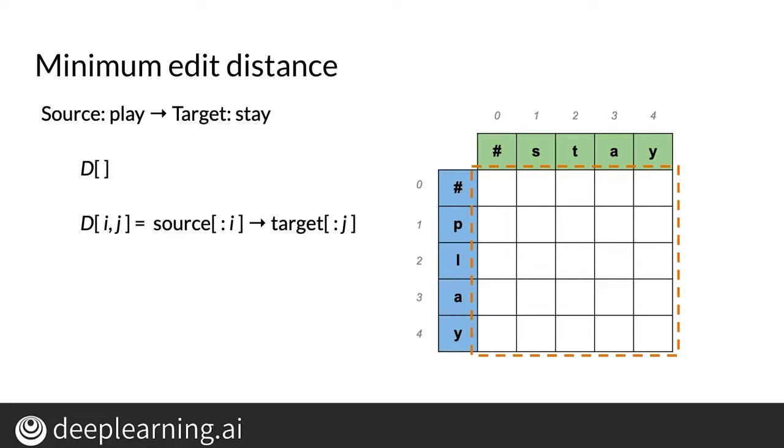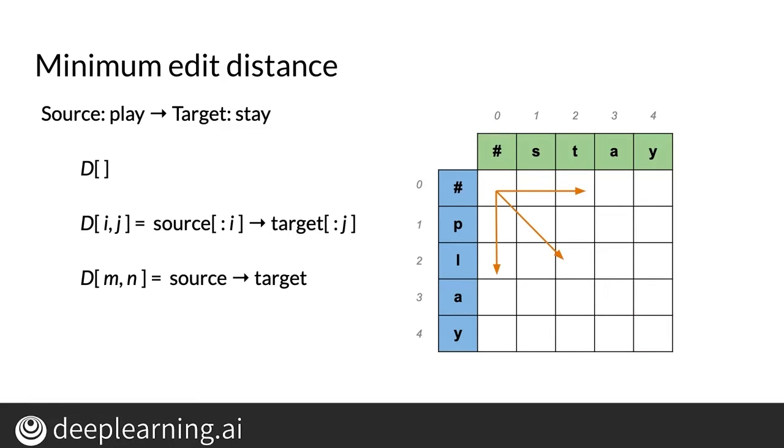From the previous few slides, you know each D of ij will be the minimum edit distance between the beginning of the source word to index i and the beginning of the target word to index j. So that for a source of length m and a target of length n, when you get to the bottom right corner, D of mn, you have the minimum edit distance between the two strings.